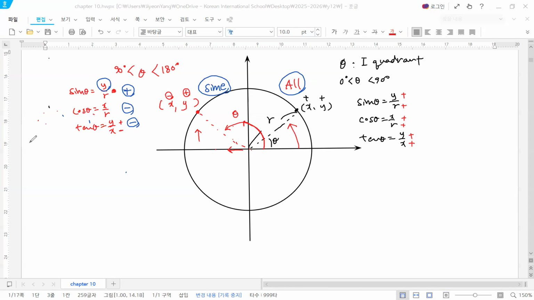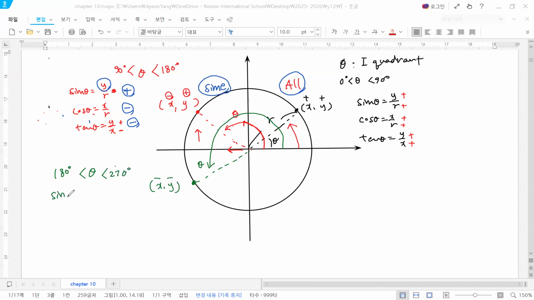Let's observe the third quadrant then. Third quadrant. x, comma, y. As you can see, each value of x and y on the third quadrant is negative, right? And then the angle is measured from the right side of the x-axis following the anti-clockwise. This theta should be more than 180 degrees and less than 270 degrees.